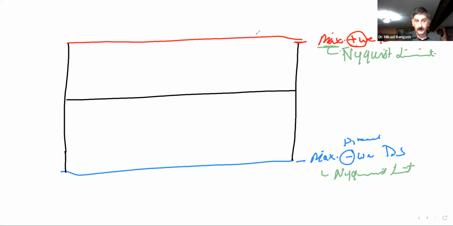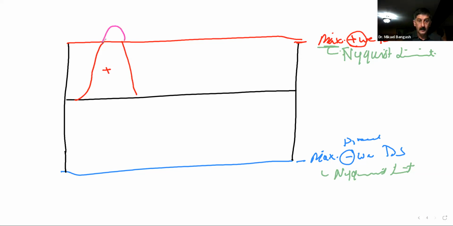So what I mainly said is, if we had a positive Doppler shift where the velocity is greater than the actual limit, this missing part here is going to be shown from the maximum negative Doppler shift and upwards.